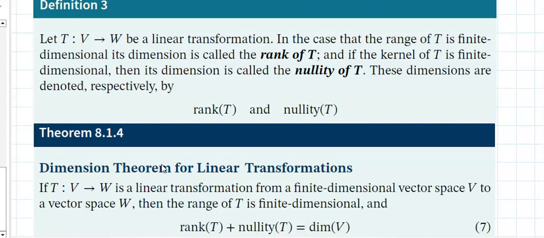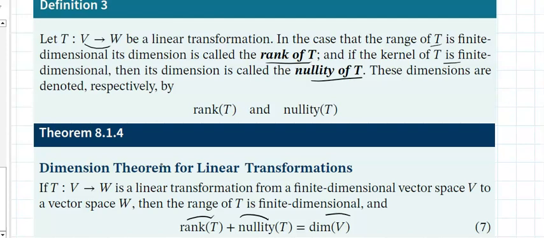We're redefining the rank and nullity. Well, just like before, nothing different. Let T be a linear transformation from V to W. In the case that the range of T is finite dimensional, its dimension is called the rank of T. And if the kernel of T is finite dimensional, then its dimension is called the nullity of T. The dimension would be the rank plus the null.